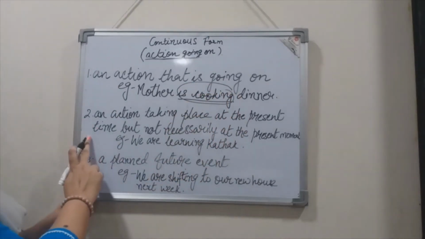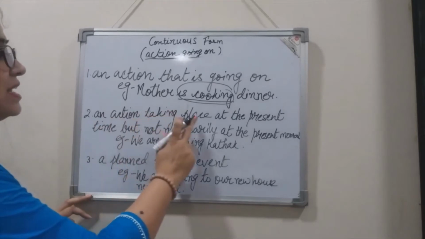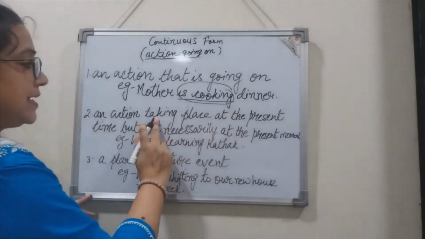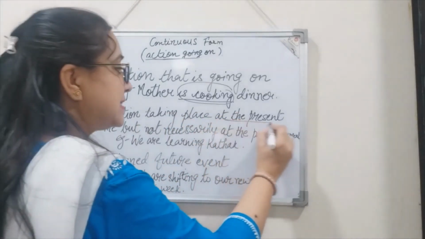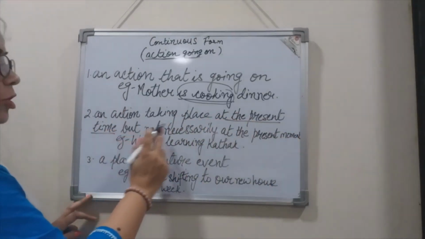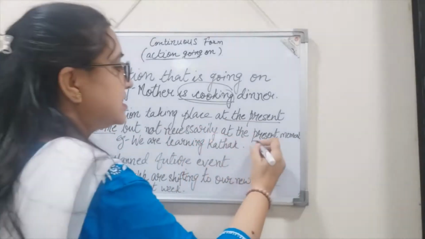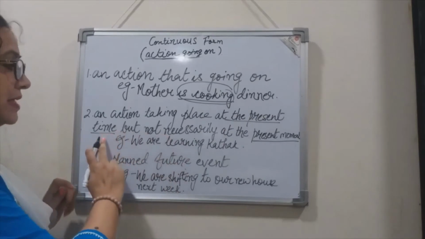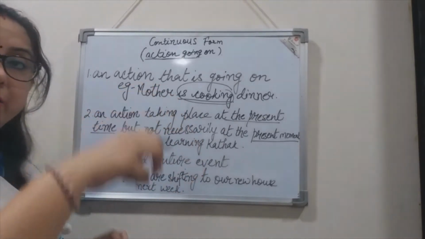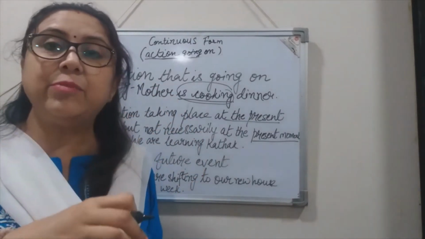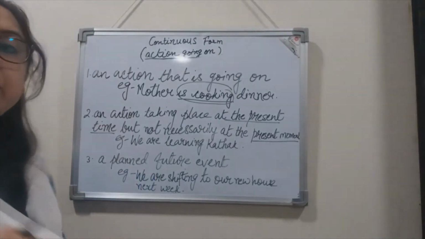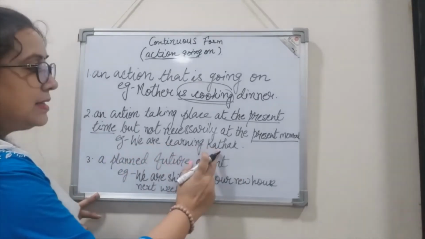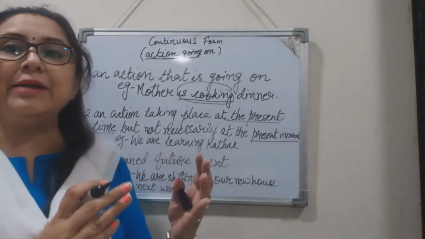Moving on to the next rule, an action taking place at the present time. Please pay attention. Taking place at the present time, but not necessarily at the present moment. That means the action might take place in the present time, but not in the present moment, that is at the time of speaking. Now this will be more clear with the example. We are learning Kathak, so we are under that process.